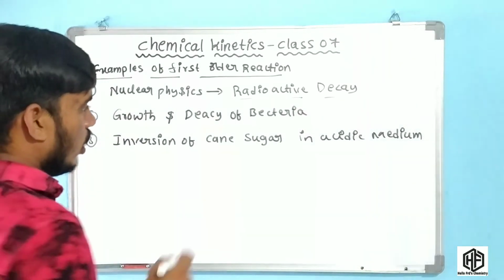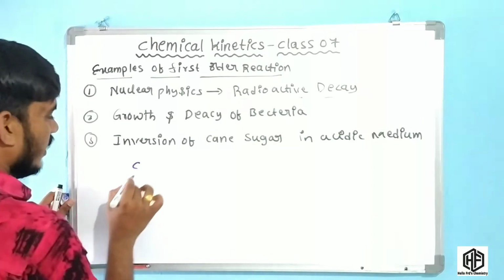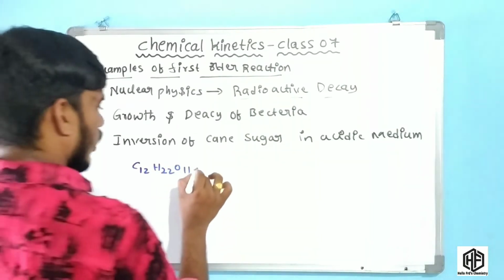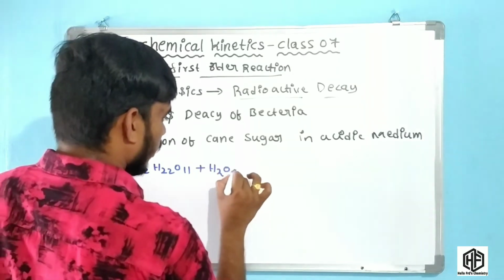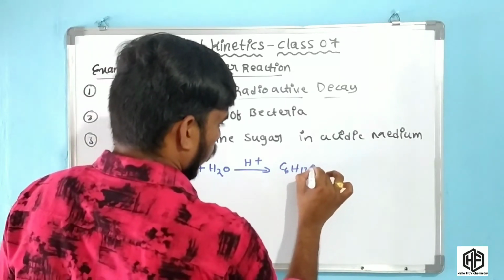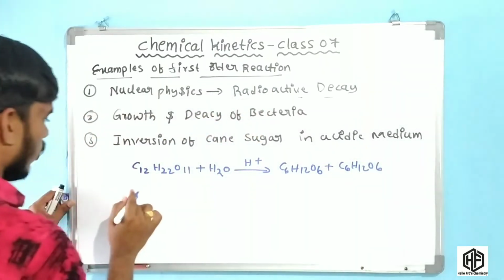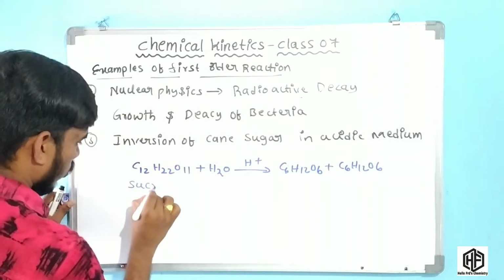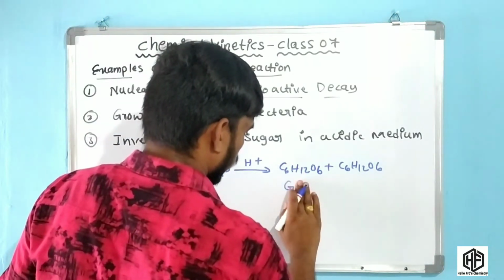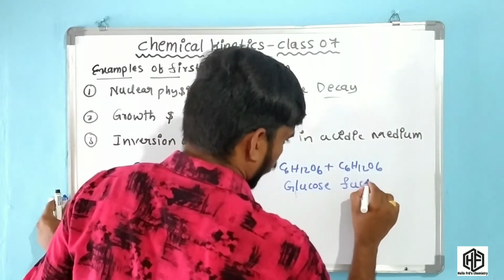In the inversion of cane sugar, sucrose, C12H22O11, reacts with water in the presence of H+ to form C6H12O6 plus C6H12O6. This is the sucrose, this is the glucose, and this is the fructose.